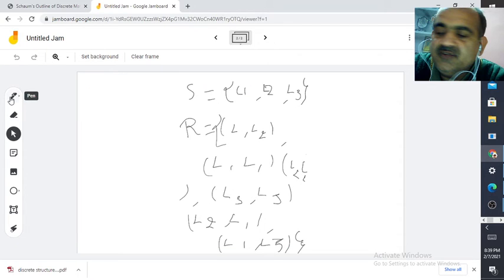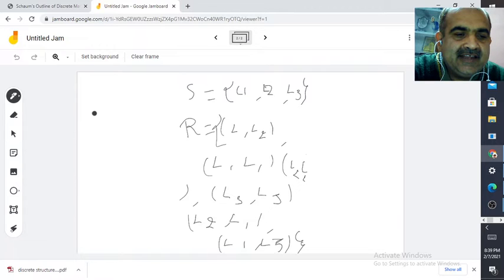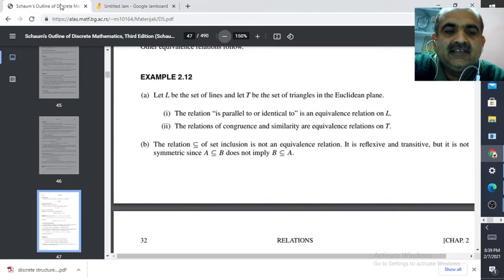Now see this. Suppose there is one line L1 and this is line L2. This relation is talking about parallel lines. The relation is parallel or identical.